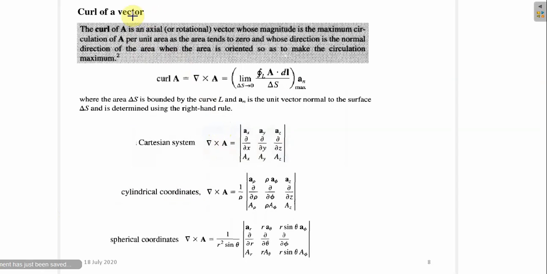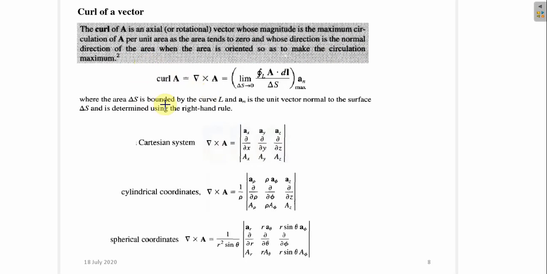Now let us come to the curl of a vector. So what is curl? The curl of any vector A is an axial or rotational vector whose magnitude is the maximum circulation of A per unit area as the area tends to 0, and whose direction is the normal direction of the area when the area is oriented so as to make the circulation maximum.